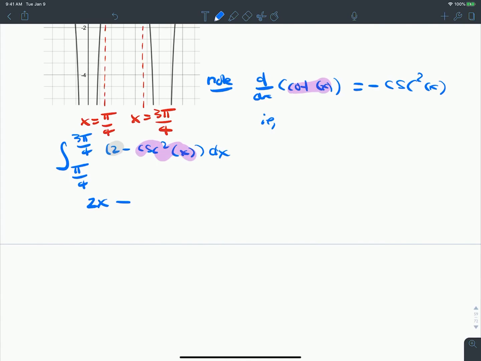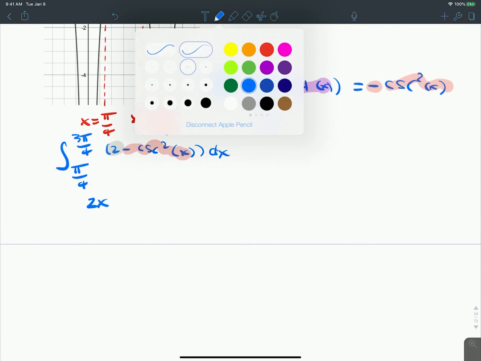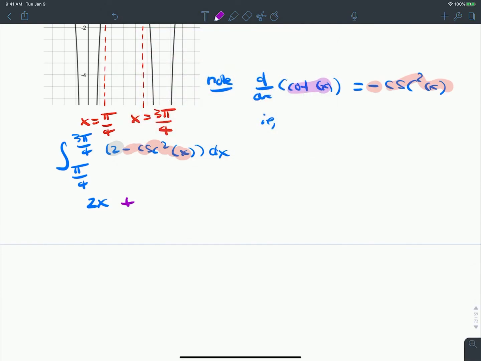And we already have here the negative sign, so be careful here. If you see negative cosecant squared, the antiderivative is simply going to be cotangent, and that's plus, because you're already accounting for the negative sign here.